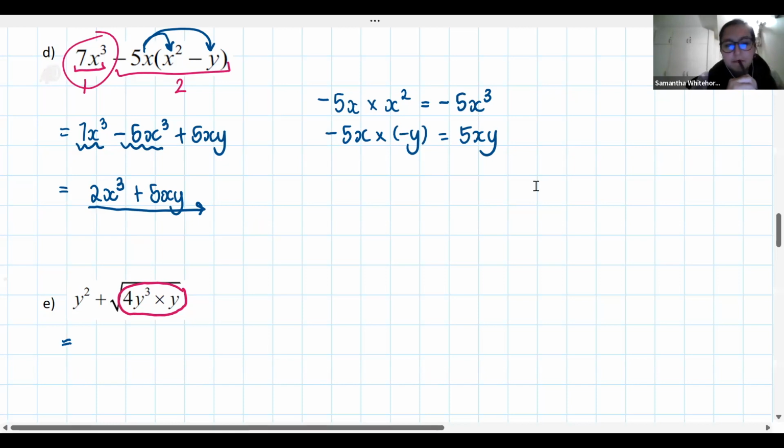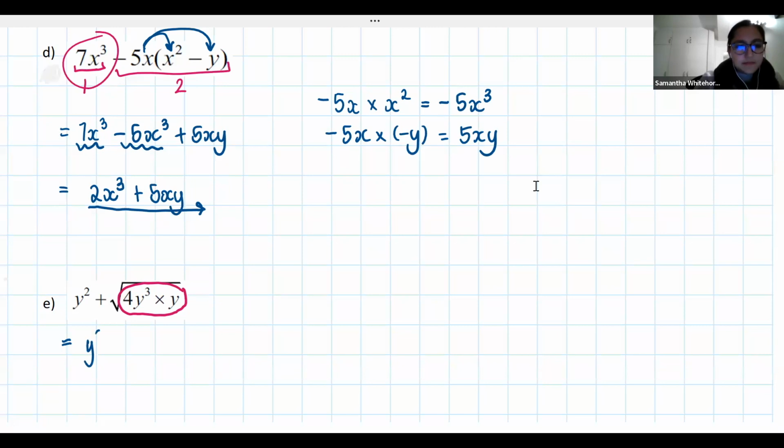So, ma'am, I started with the roots, ma'am. So I said 4y to the power of 3 multiplied by y. So, ma'am, 4 multiplied by 1, that gave me 4. So, ma'am, for the exponents rule, we say if you multiply, we say y to the power of 3 plus 1.